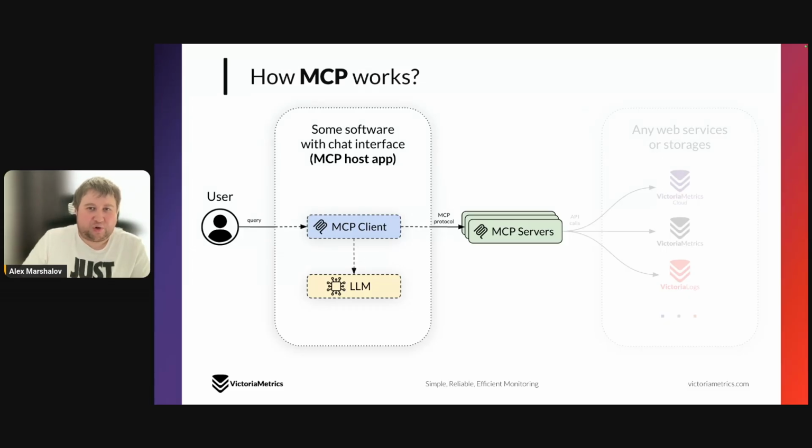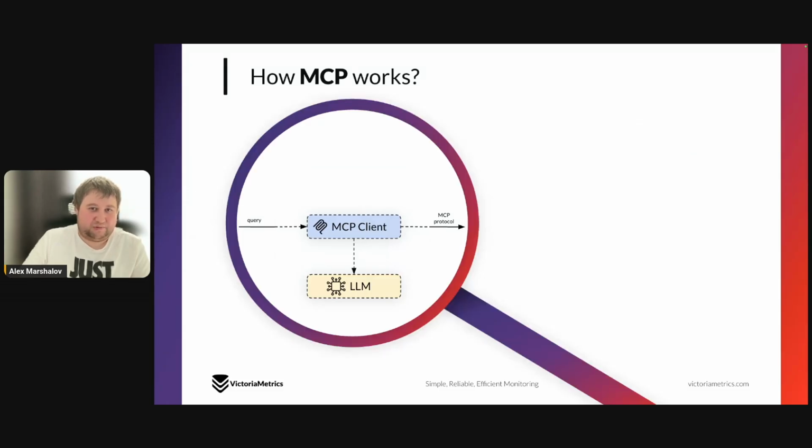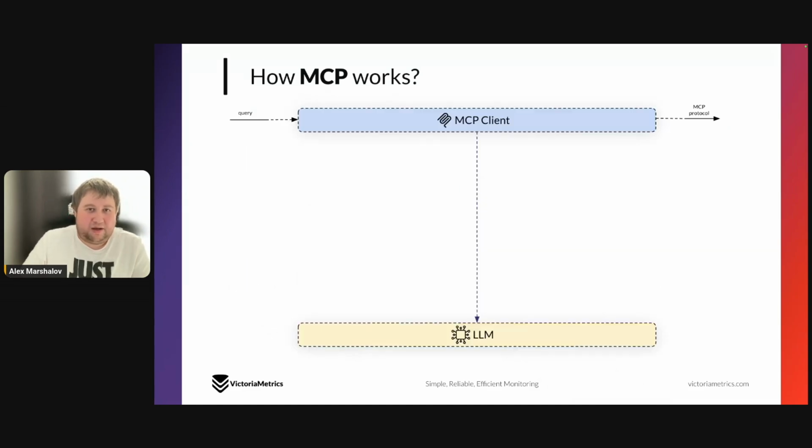Of course, we'll forward his request to LLM, right? But it's still not clear how the interaction with MCP server will happen, how we will get and call tools. I mean, we already know that LLM can't do anything like that. So let's take a closer look at what's going on inside the MCP host app.